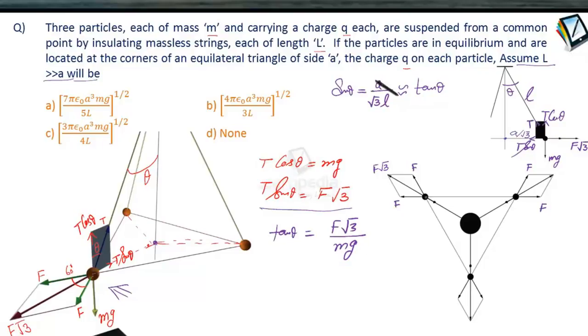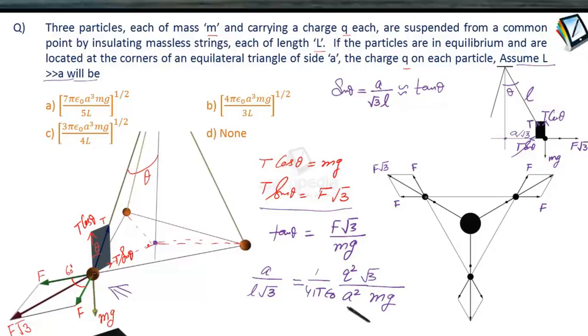In place of tan theta, I am going to substitute A divided by L root 3. And F is the electric force, which is 1 upon 4 pi epsilon naught into q1 q2, which is q square divided by A square, multiplied by root 3 and divided by mg.